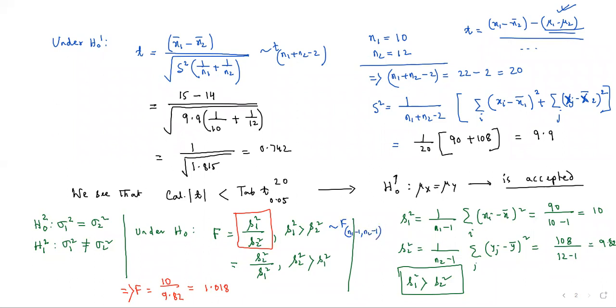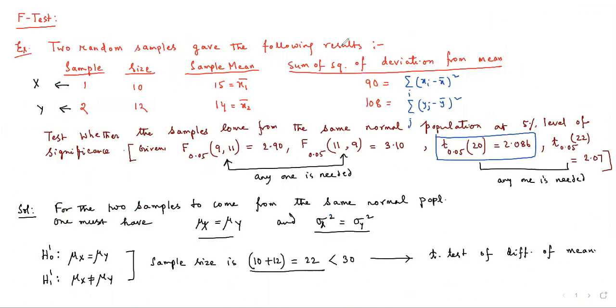So in case of f test, the degree of freedom here in this case will be 10 minus 1 and 12 minus 1. That is 9, 11. And immediately after this observation, we have understood that we need this tabulated value for the comparison, and this value is not needed.